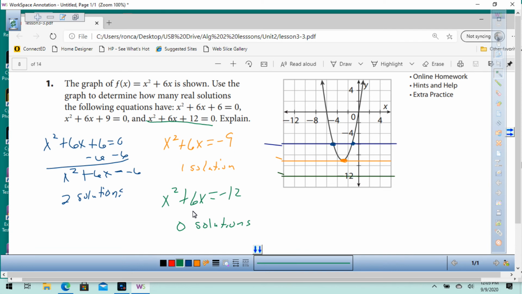Cool? So I guess what they're trying to say is when you have a quadratic equation, you can have 0, 1, or 2 real solutions. And we're talking about real solutions.